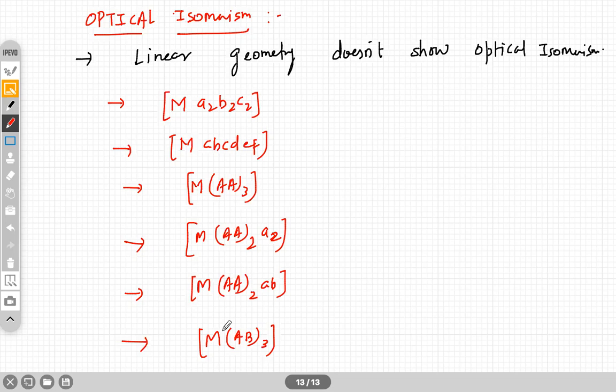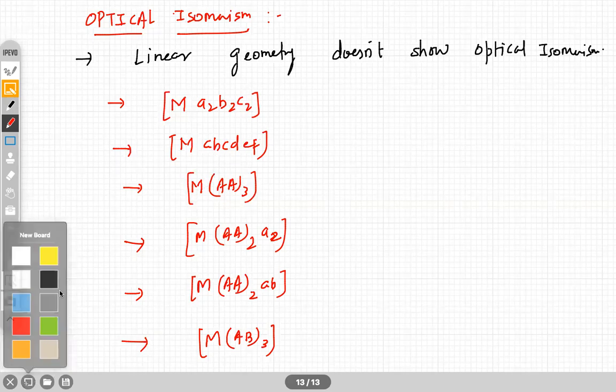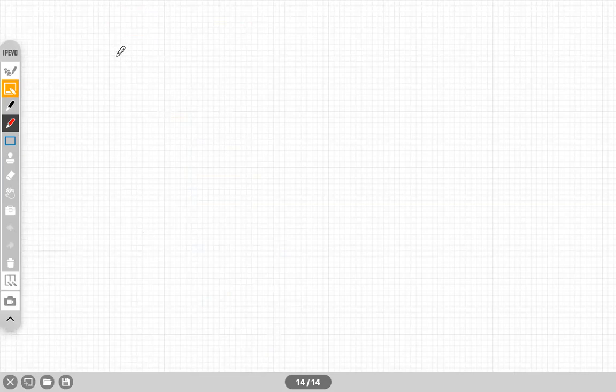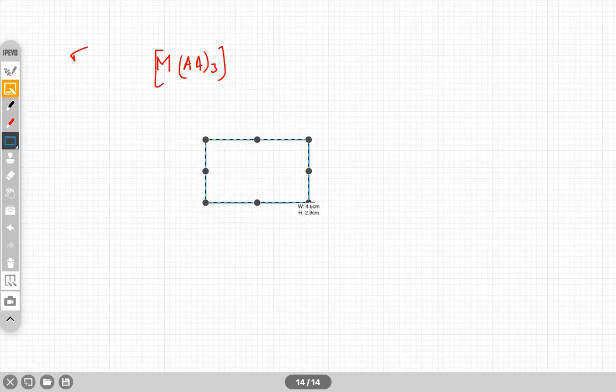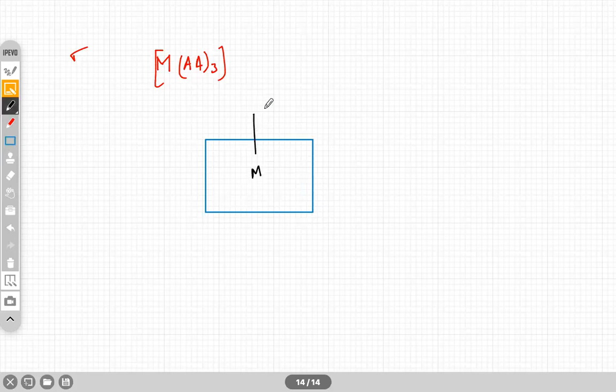Yes, sir. Okay. Now, these two we have already seen. This complex, you see the structure of this MAA3 type. How do we draw the structure here? Only one possibility we have, one structure we can draw, where all the A atoms are present like this.